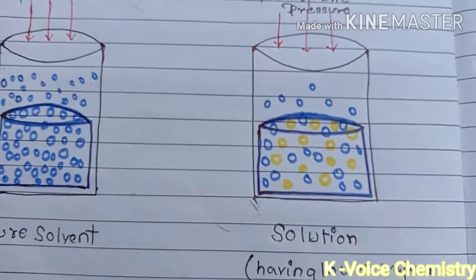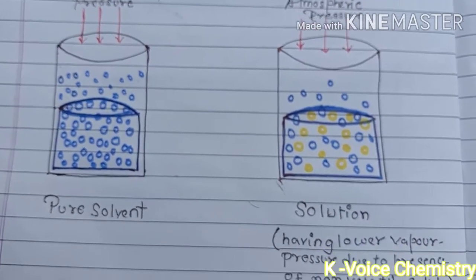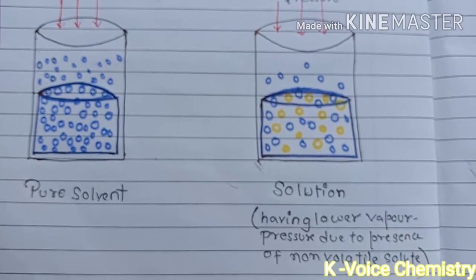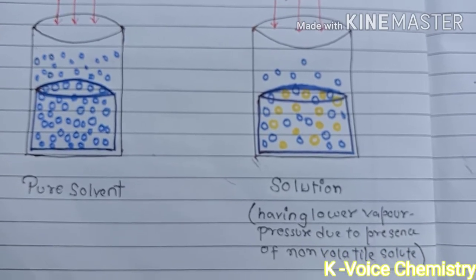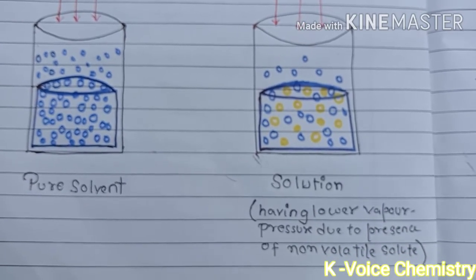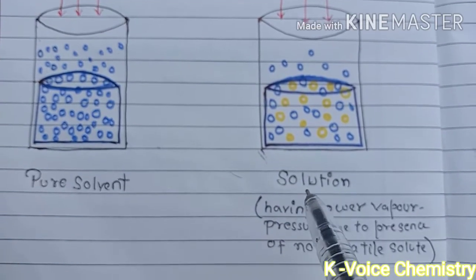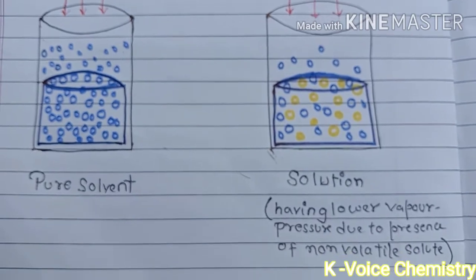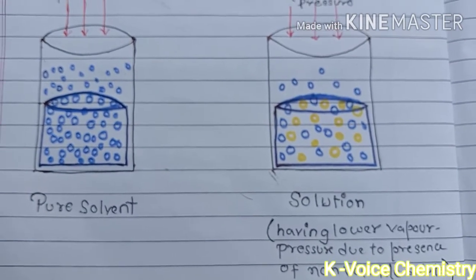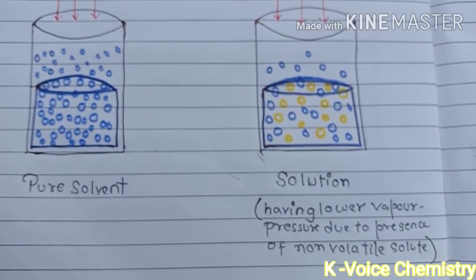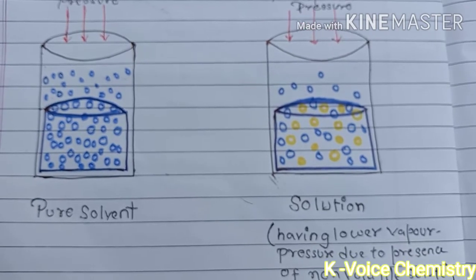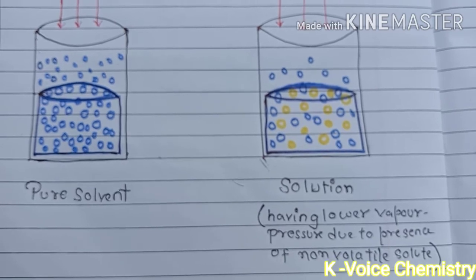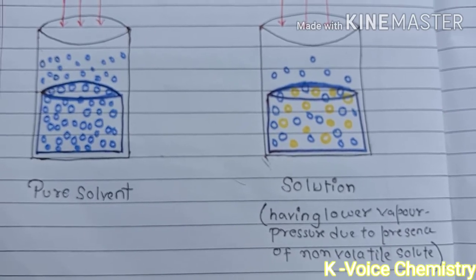Okay, so we conclude that the solution having the non-volatile solute has a lower vapor pressure due to the presence of the non-volatile solute. By definition, the boiling point of a liquid is the temperature at which its vapor pressure is equal to the atmospheric pressure.